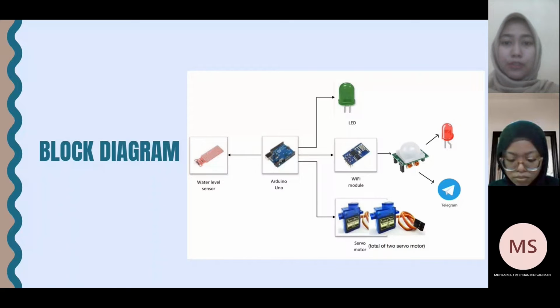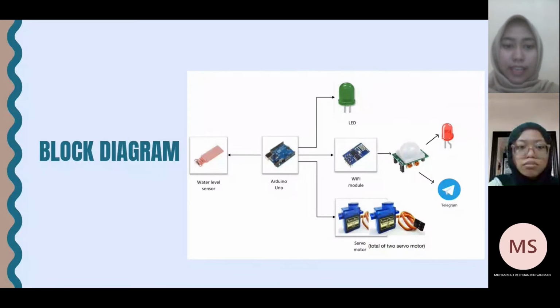The microcontroller, which is Arduino Uno, communicates with the water level sensor, which is responsible for detecting the level of water in the tank. Servo motors are located outside the tank. This servo motor will receive command from the microcontroller to move the barrier and notify the user by using the Wi-Fi module whenever the water level sensor detects a high level of water in the tank.